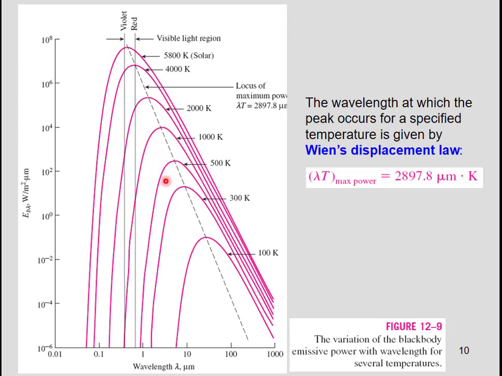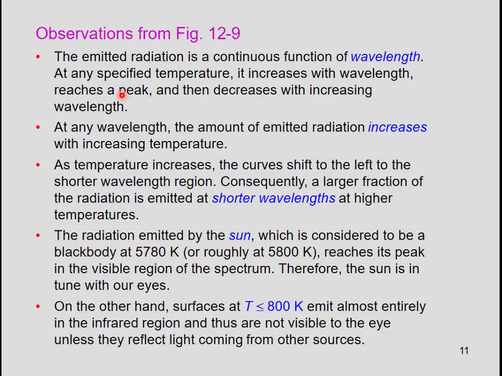It is also interesting to know why you can see the object when its temperature is increasing. At some temperatures you cannot see any radiation from its surface, but suddenly after 800 Kelvin, as you can see here, you can see the radiation from its surface.